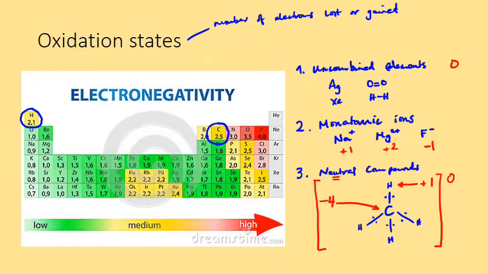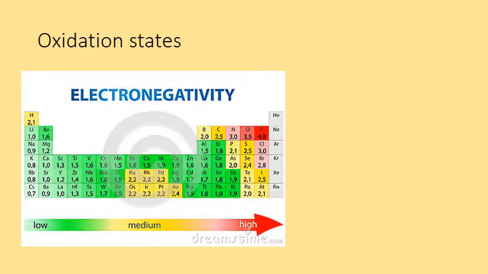So overall it's 0, but within the molecule or the compound we've given carbon an oxidation state of -4 because it's the most electronegative of the 2, and we've given hydrogen the oxidation state of +1 because it's the least electronegative of the 2. Okay, so that was the first 3 rules. Let's move on to a spare sheet to look at the next couple of rules.